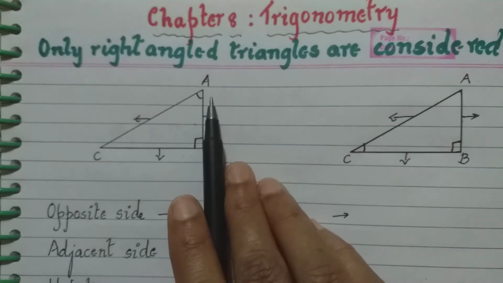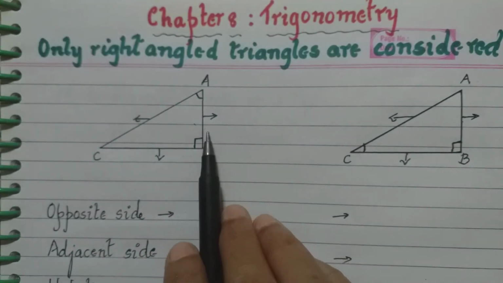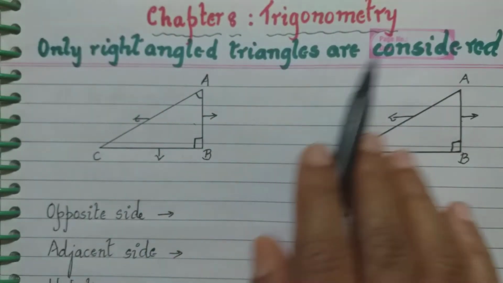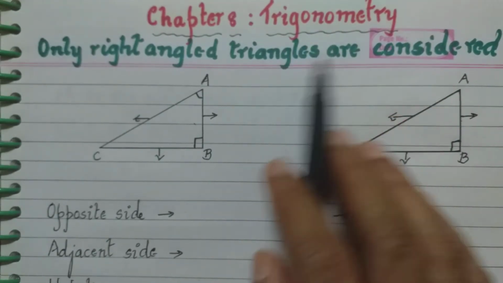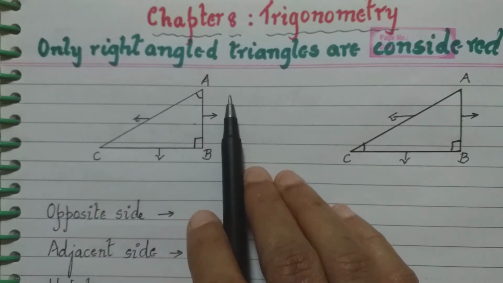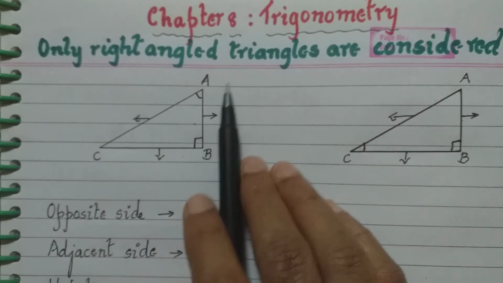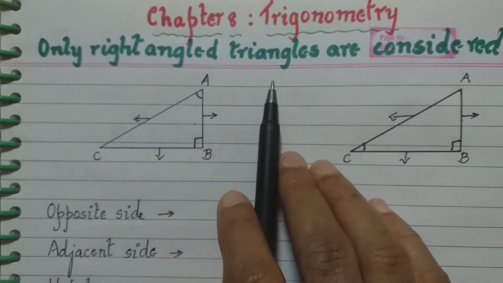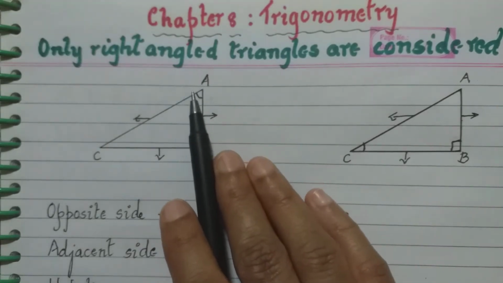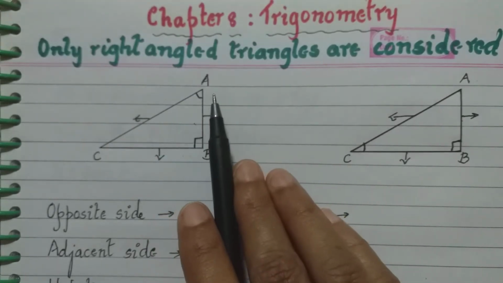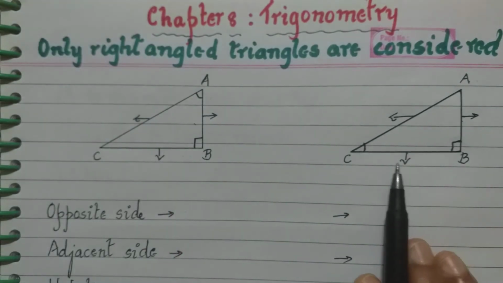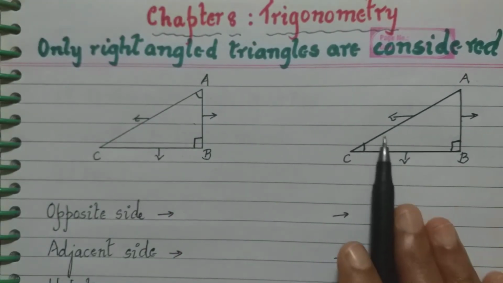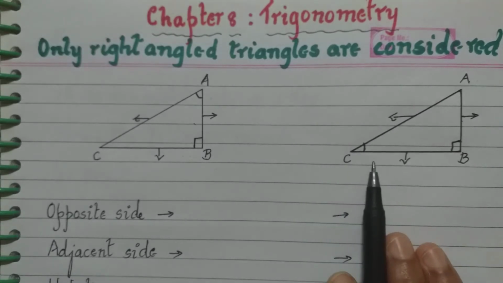When we talk about different ratios under trigonometry, they are called trigonometric ratios. We will write those ratios in relation to an acute angle, either the acute angle A as in this case, or the acute angle C as in this case.